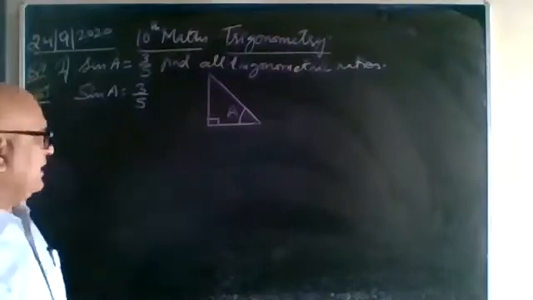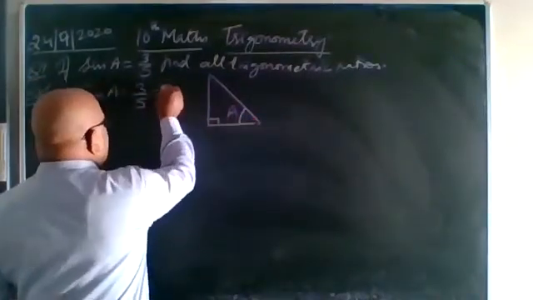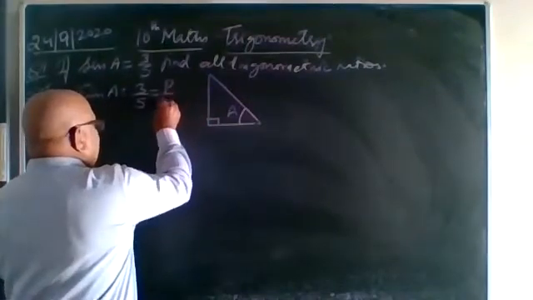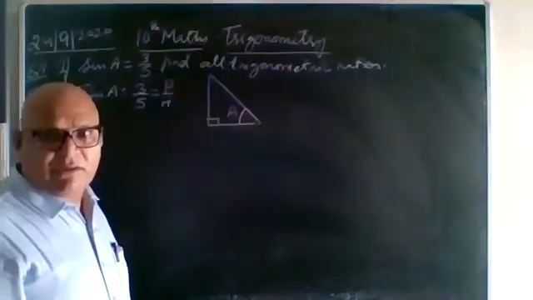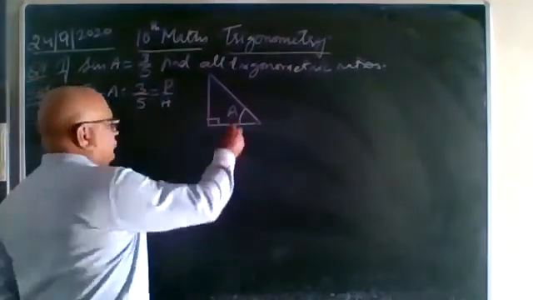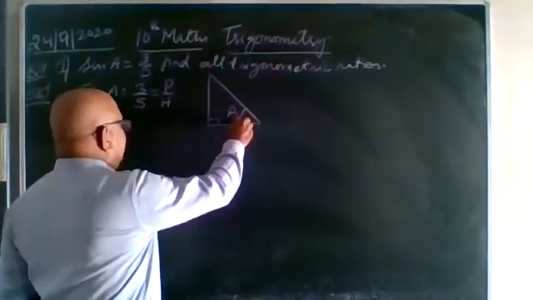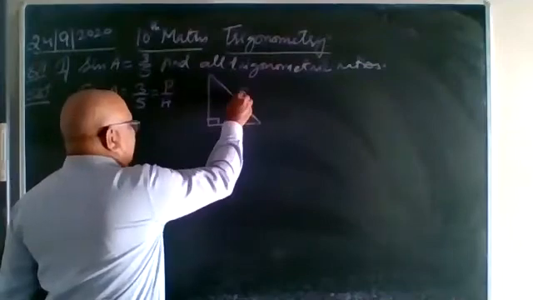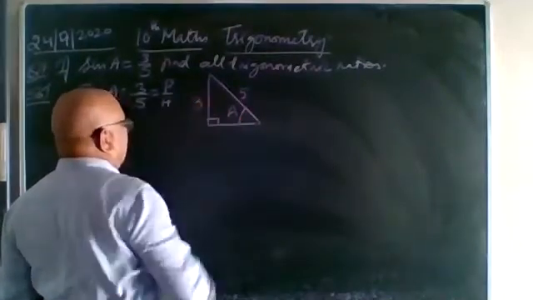Now, if I consider this angle, first of all, sine A is what? Sine theta is perpendicular to hypotenuse. Perpendicular upon hypotenuse. So if I say this is angle A, 5 is hypotenuse and perpendicular is 3.